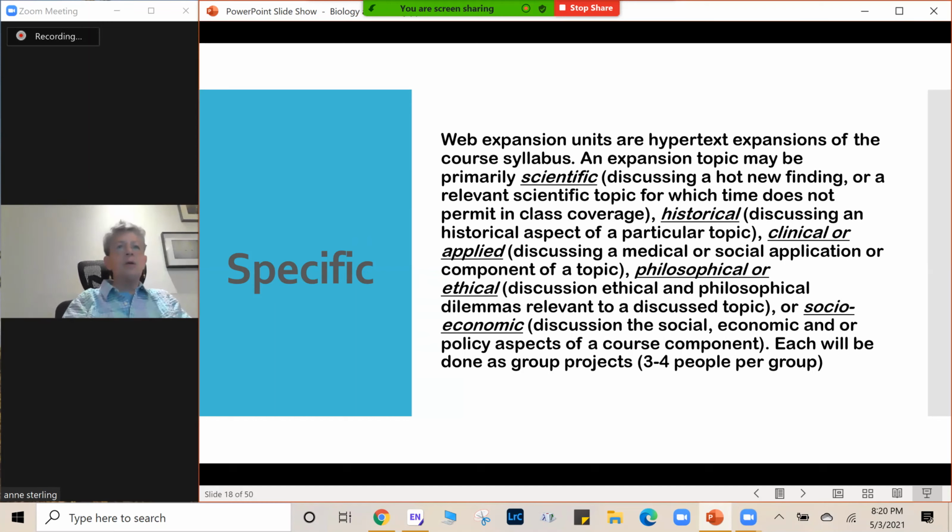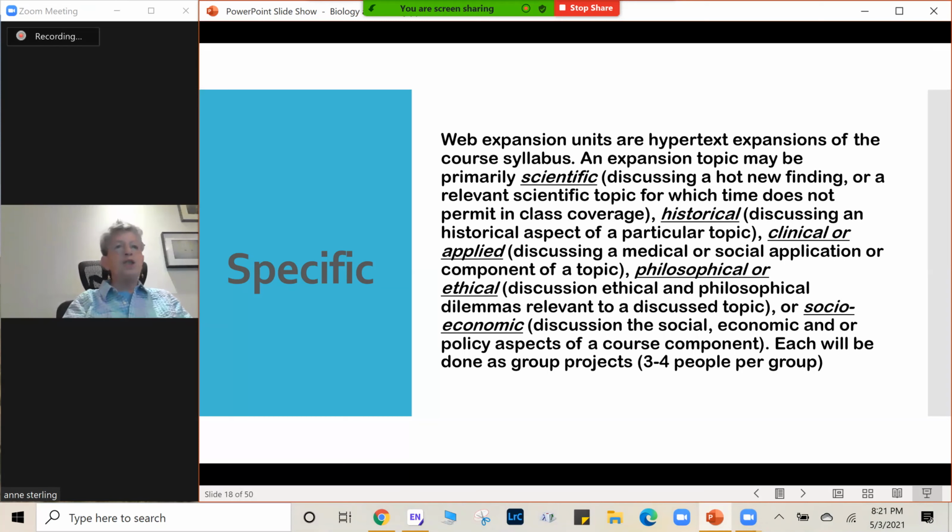It may be clinical or applied, discussing a medical or social application or component of a topic. It may be philosophical or ethical, discussion of ethical and philosophical dilemmas relevant to a discussed topic, or it might be socioeconomic, discussion of the social, economic, and/or policy aspects of a course component.